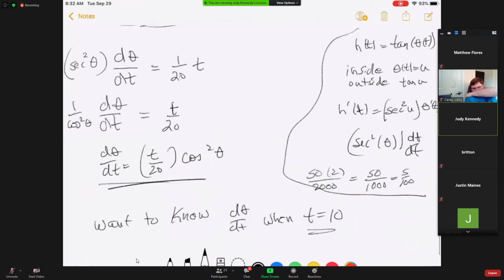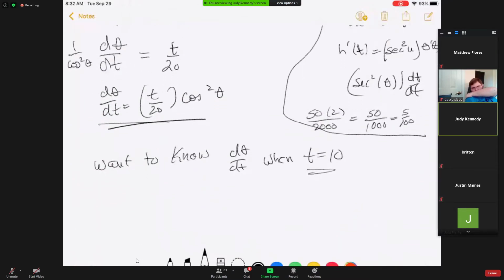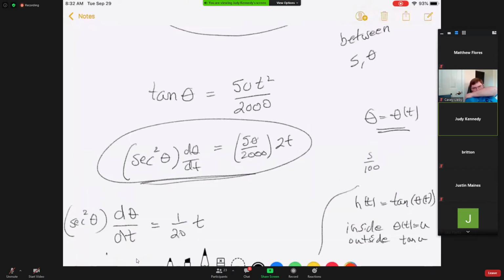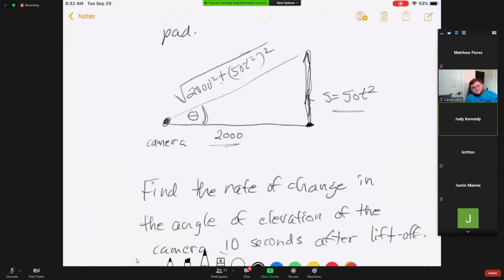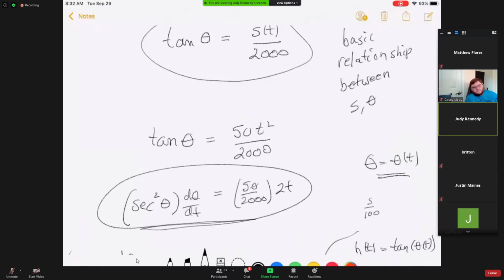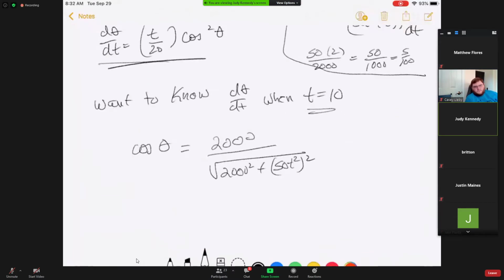The cosine of theta is equal to that. Make sure I remember everything correctly here. Now all I got to do is put in t equal to 10.